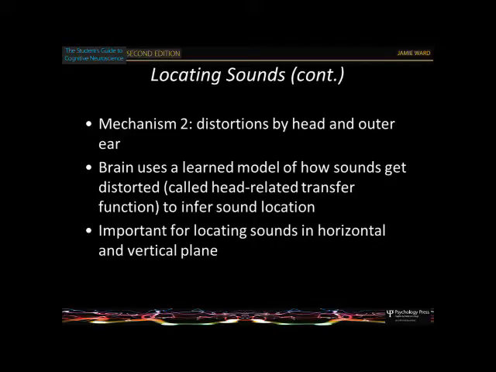What you find is that people are quite good at locating sounds on the basis of that information. So this is one way in which you can create sounds that feel as if they're out there, even though the sounds are just being introduced into the ear canal. You've got little speakers in there. What happens effectively is that your brain knows how sounds get distorted by your head, and it corrects for that.